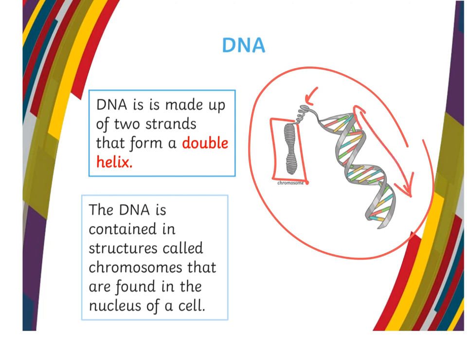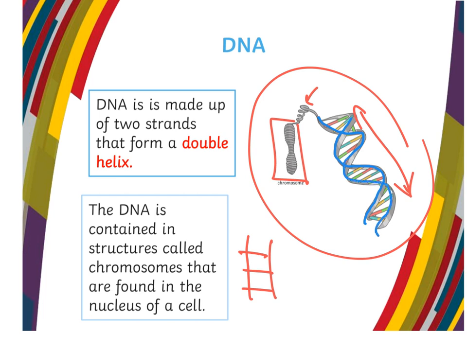That is our DNA. And if you imagine it to be a bit like a twisted ladder, if you've got a ladder and you were to twist it round, that's what DNA looks like. And if we focus in a little bit more closely, we can see if we follow the blue line, there's a strand that spirals round and then there's another strand that spirals round.